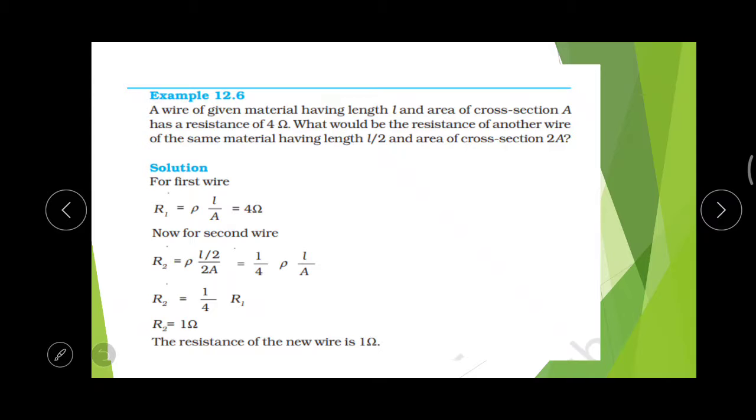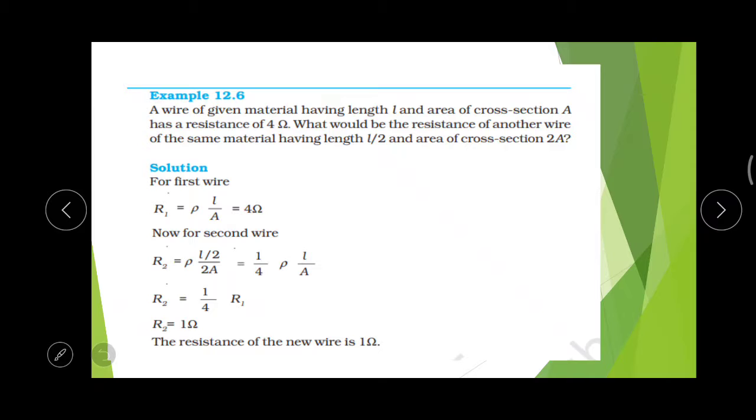What would be the resistance of another wire of the same material having length L by 2 and area of cross section 2A? In this case we have the length of a wire, and you have to find the value of resistance, and the material will remain the same. That means the resistivity value is the same. We want to find the change in resistance value when the length and area change.